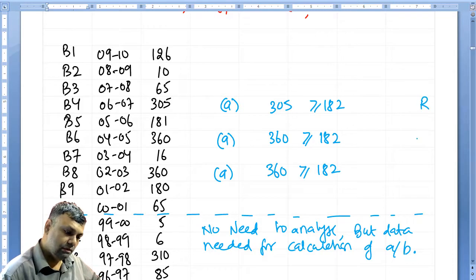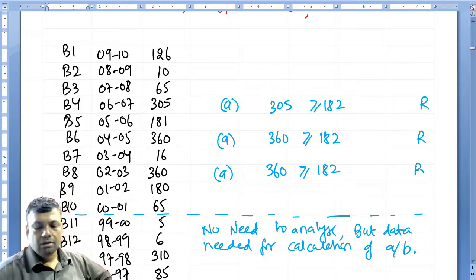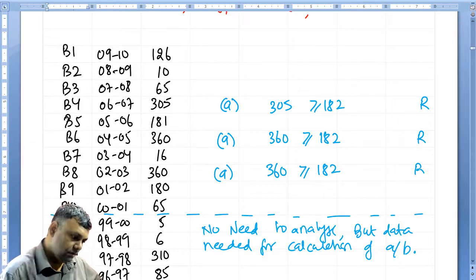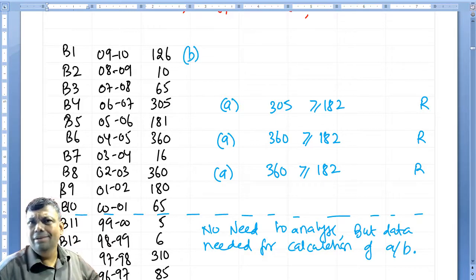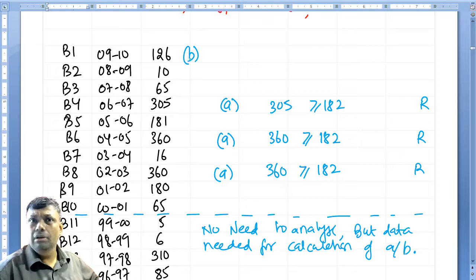You can say resident, resident, and resident. Fair enough. Now you have other days, so now we are going to test condition B. But no need to test, because if any one test is satisfied, you are resident. That's all you want to develop the answer.